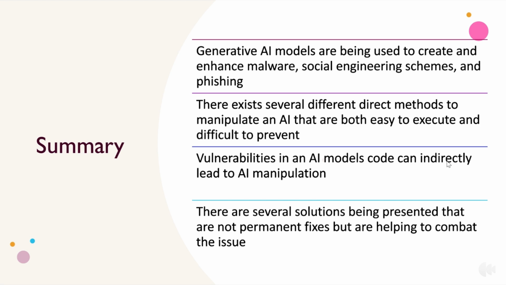Next, vulnerabilities in an AI model's code can, of course, indirectly lead to AI manipulation, which is making it increasingly more important to catch these vulnerabilities. And then, of course, there are several solutions that are being presented that, while they are not going to be permanent fixes to this problem, they are helping to combat the issue.